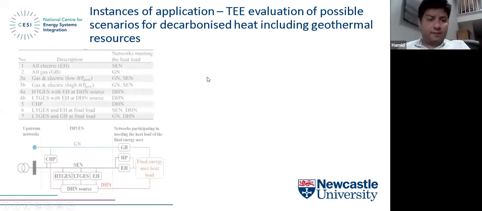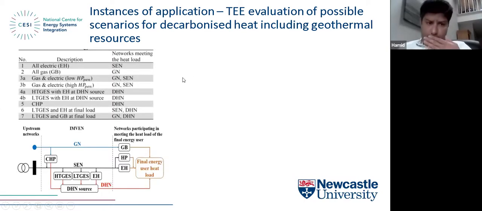So we have considered several configurations of networks, or if you like, several future scenarios for configuration of networks to decarbonize heat, having this geothermal energy storage. So, around nine scenarios.